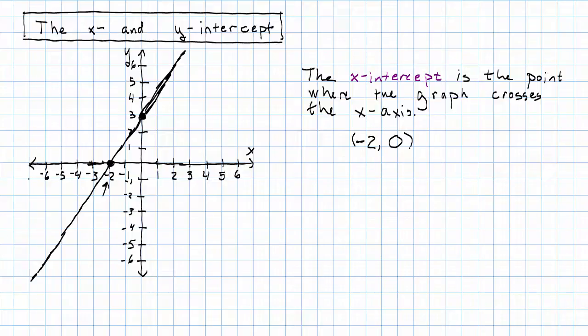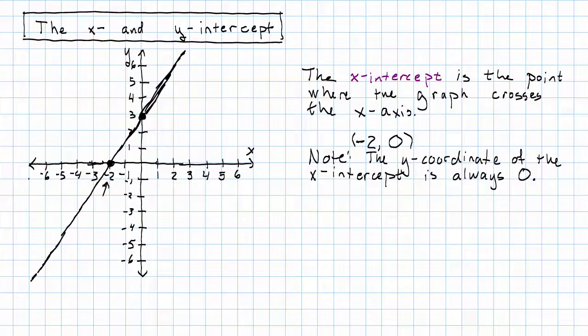And thinking about what it means to lie on the x-axis, it's easy to see that the y-coordinate of the x-intercept will always be just the number 0. Why will that coordinate always be 0? Because at any point on the x-axis, we don't have to move up or down at all to get to that point. Right? If the point lies right on the x-axis, then its y-coordinate is 0.